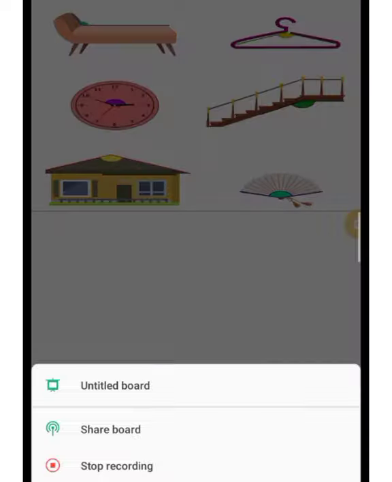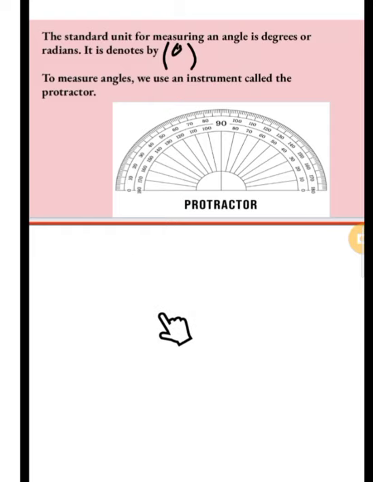Okay, children, in the previous slides we have seen how angles are formed, what the vertex is, and what the arms of the angle are. Here, the standard unit for measuring an angle is degrees or radians. It is denoted by this symbol of degree.